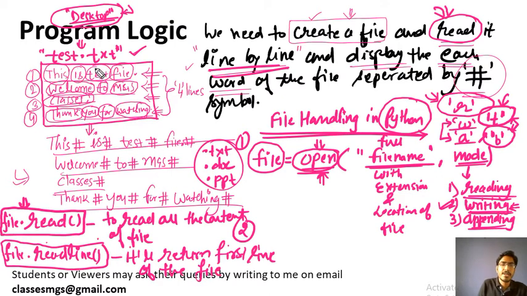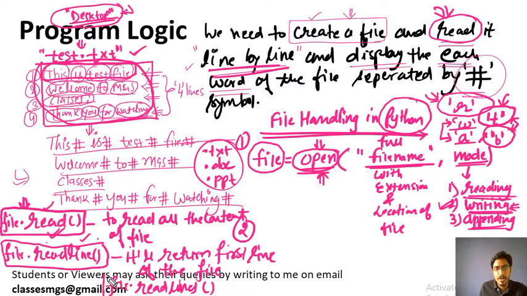Let's suppose you are reading this file and you have used file.readline, then this line will be returned in the output only. If you are using the read method, then the whole data, all 4 lines, will be returned in one go. Another method is also available whose name is readlines. Readlines is a method that is basically used to return the list of all the lines available in the file.